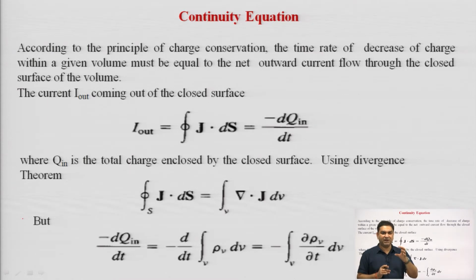We can also write minus dQ_in by dt, where Q_in is the total charge, in the form of a volume integral: minus d by dt of the volume integral of rho_v dV, which is equal to minus the volume integral of del rho_v upon del t dV.